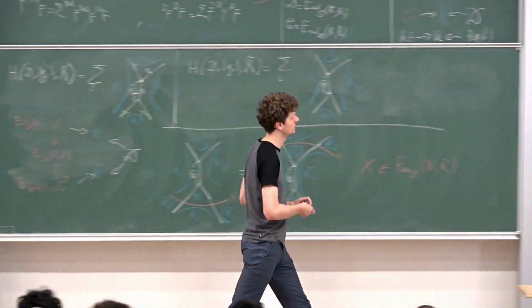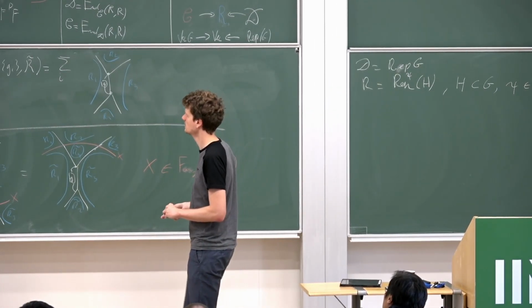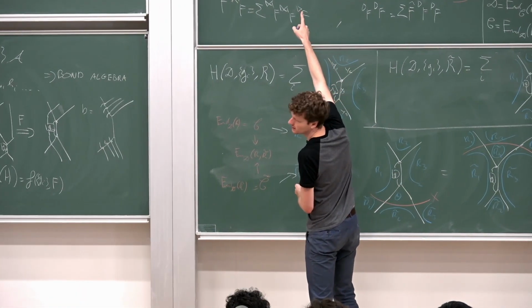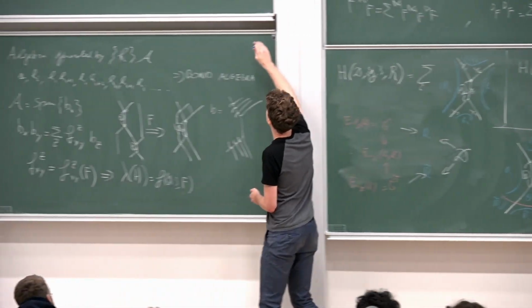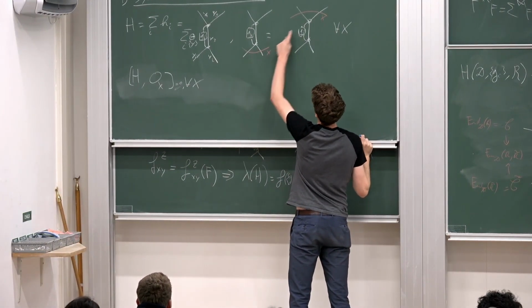In this Hamiltonian picture, are the R's summed over, or is it a fixed choice? They are summed over. I have to sum over them, otherwise that equation breaks. To get this equation here, I have to sum over the loop that's sitting here.